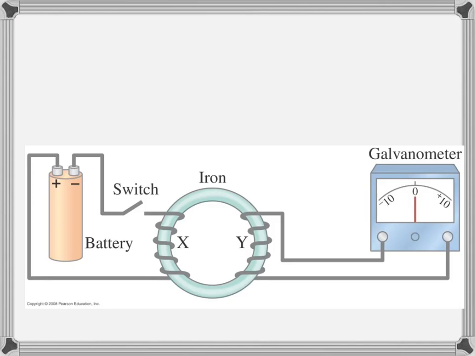When you close the switch, the current in the primary circuit grows, and the growing current gives rise to an increasing magnetic field which is linked with the secondary, and so an EMF is induced in the galvanometer. According to electromagnetic induction, whenever a circuit experiences a changing magnetic field, an EMF is induced in it. That's called electromagnetic induction.